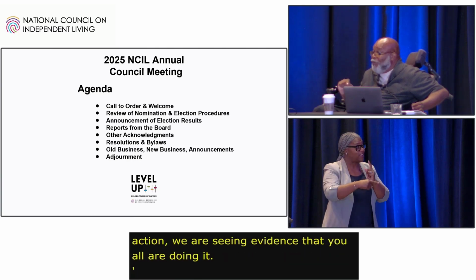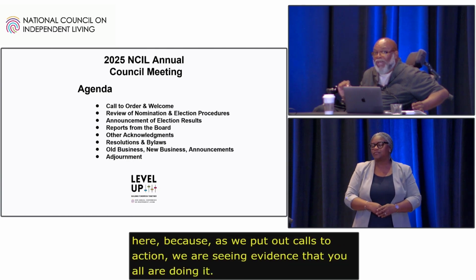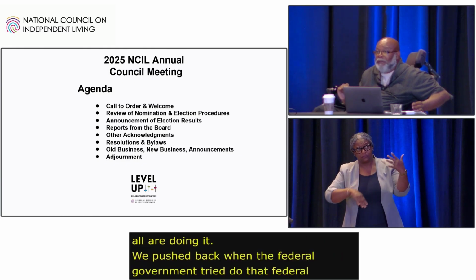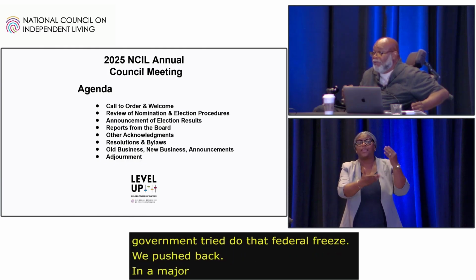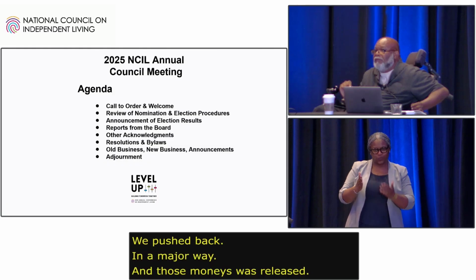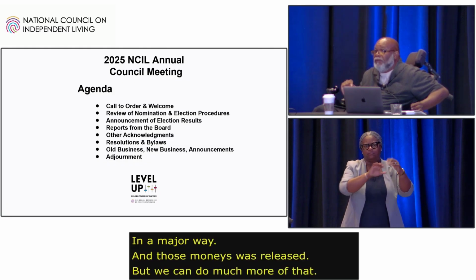We pushed back when the federal government tried to do that federal freeze. We pushed back in a major way. And those monies were released. So we can do much more of that. And I say this often.